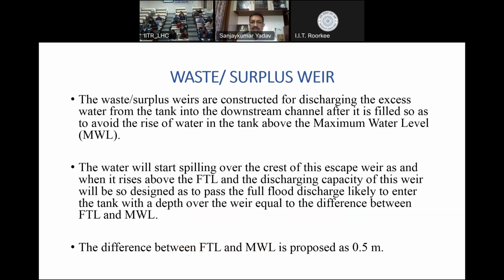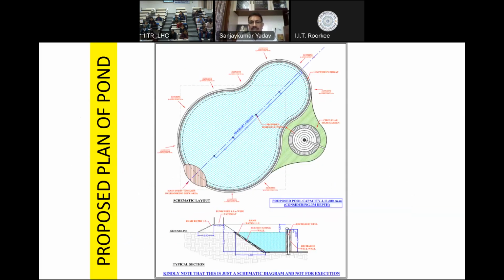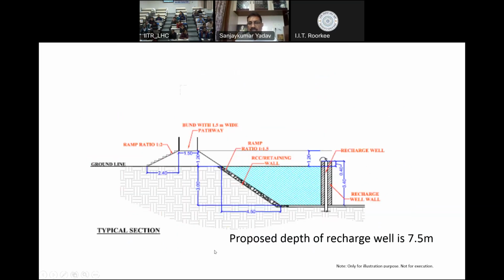So this is the design of the waste weir, that is, a surplus weir that has been designed, and the difference between FTL and maximum water level is proposed as 0.5 meter. This is the plan and section of the proposed pond at SVNIT, which is shown over here. I'll show you the section, where you can see the recharge well in the center of this.